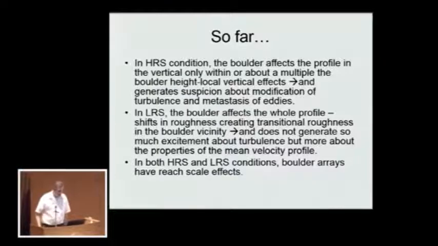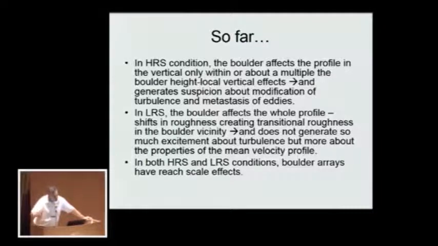In the low relative submergence, the boulder affects the whole profile, as we saw. Shifts in roughness create transitional roughness in the boulder vicinity, and does not generate so much excitement about turbulence, at least in the instantaneous sense, but more excitement about the mean flow properties.